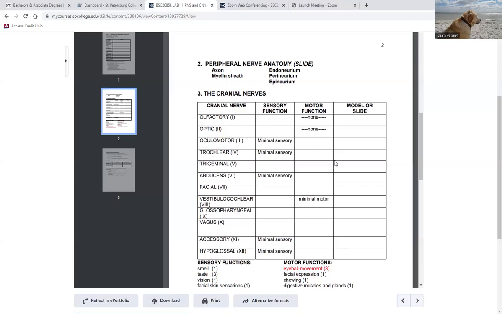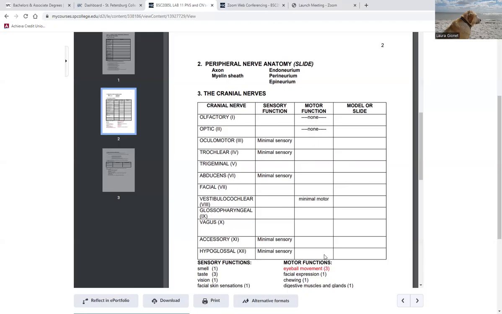Up here for trigeminal, it might be pointing to temporalis or masseter because they help you chew, so they elevate the mandible. I could be pointing to those muscles, asking what cranial nerve is associated with them, and you'd say trigeminal. If I was pointing to zygomaticus, I'd be asking about facial nerve because it's a muscle of facial expression.